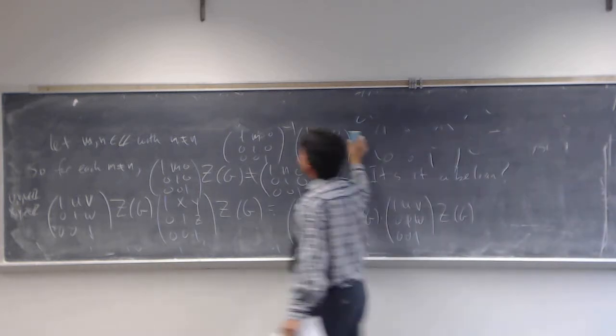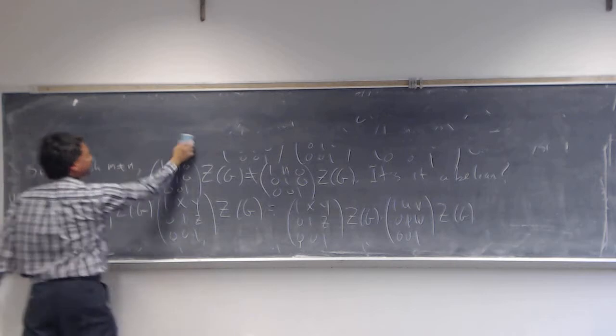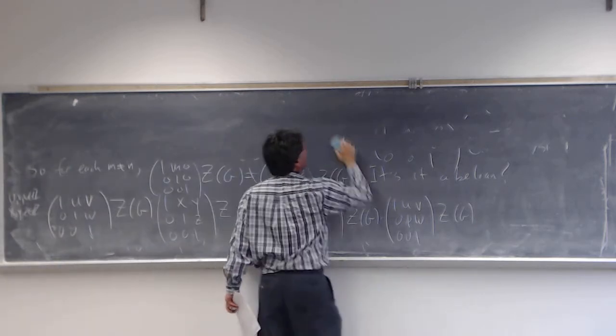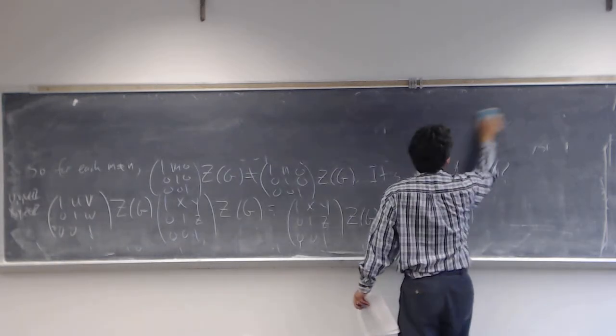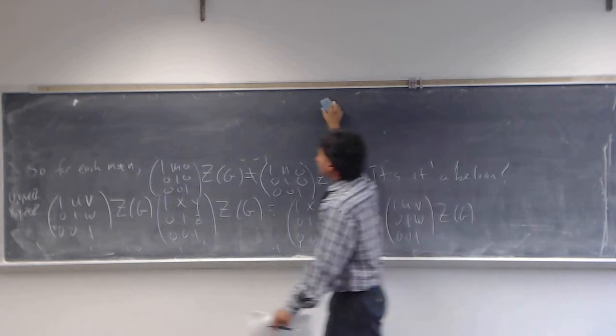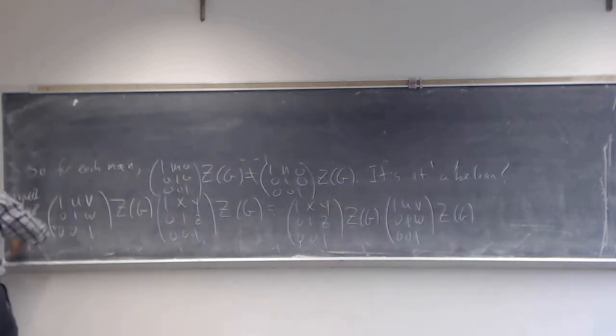And I'm claiming those two cosets are the same. So what does that give us? So then basically we're saying, I shouldn't say these are equal. Are they equal?